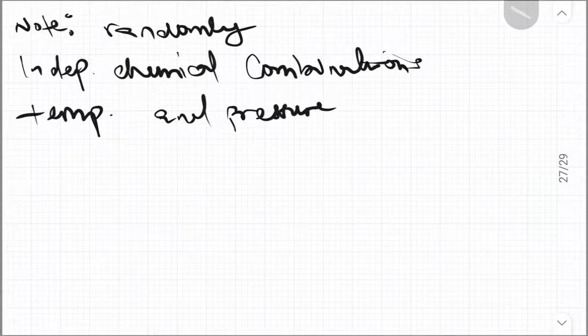So these things cannot affect how an unstable nuclei will disintegrate. No physical factor will actually affect the way it will disintegrate. So take note of that.